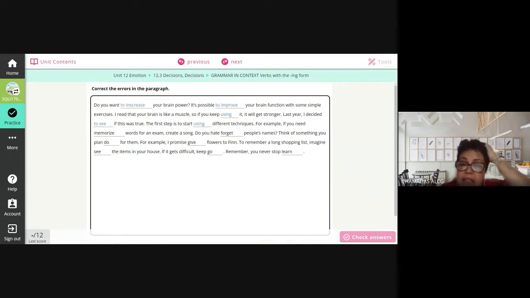Okay, guys, we can also use the infinitive after start, but most of the times we use a gerund. It's not wrong to use infinitive. There are situations where we can use infinitive.